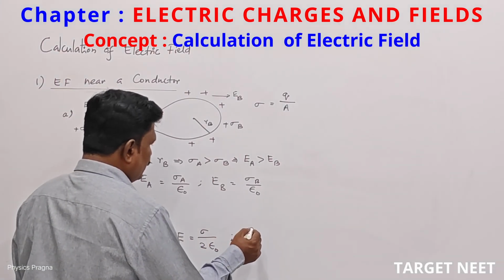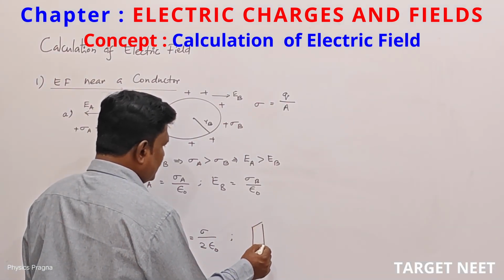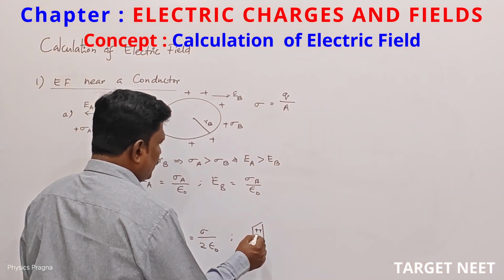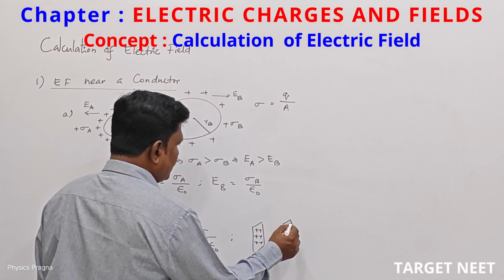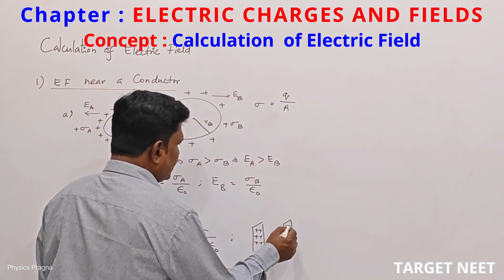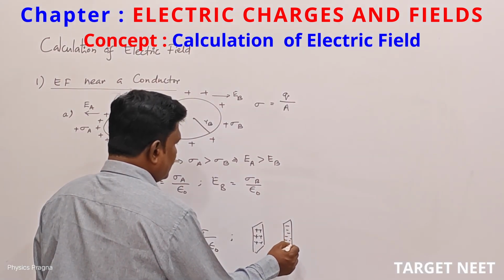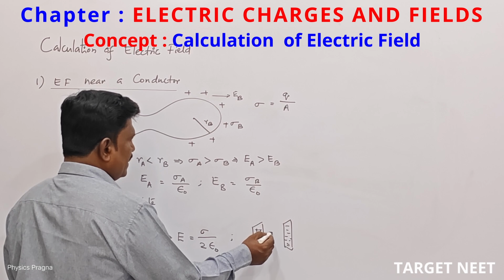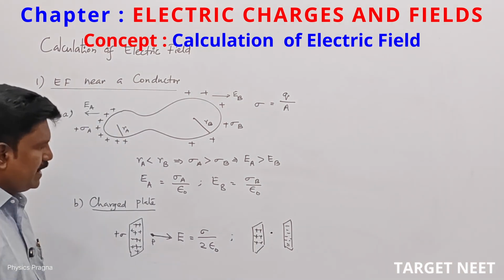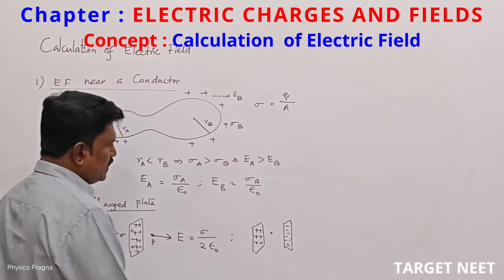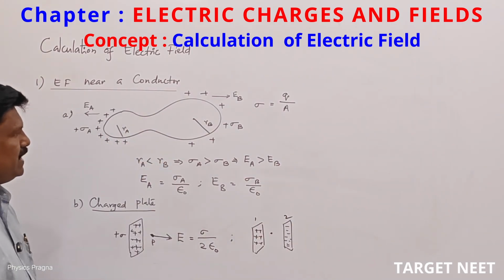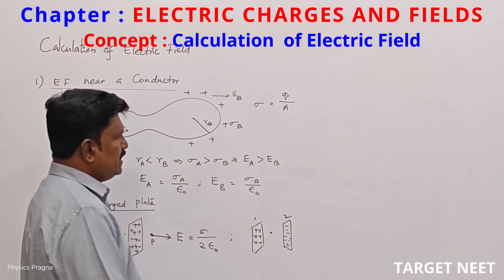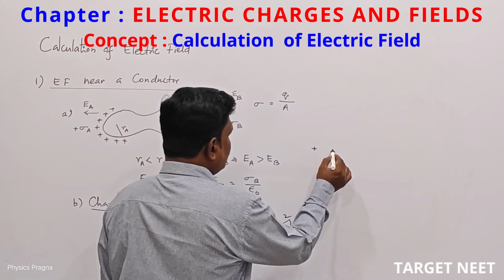Then if two plates are there like this, positive here and another plate with negative charge here. At the nearest point, at the midpoint, this is the first plate, this is the second plate. Electric field direction is from positive to negative.